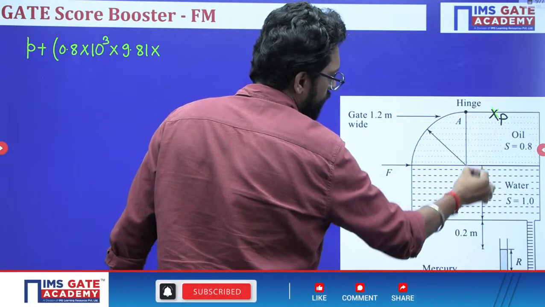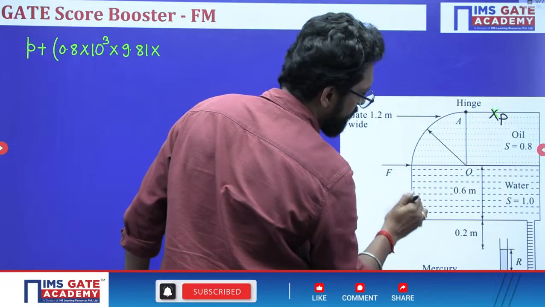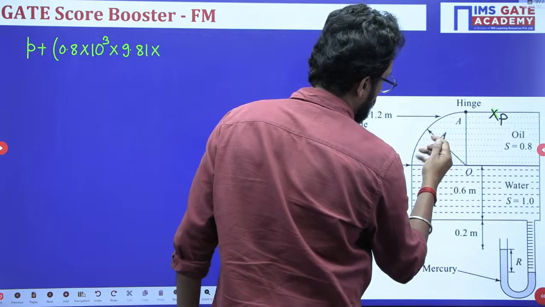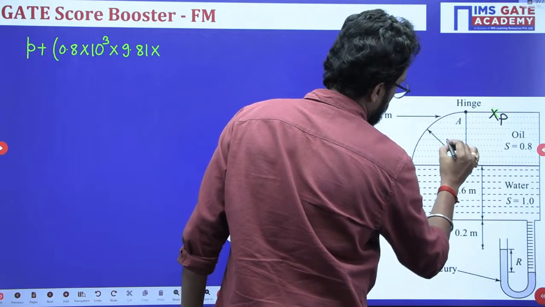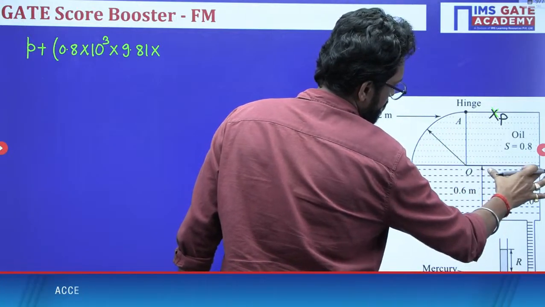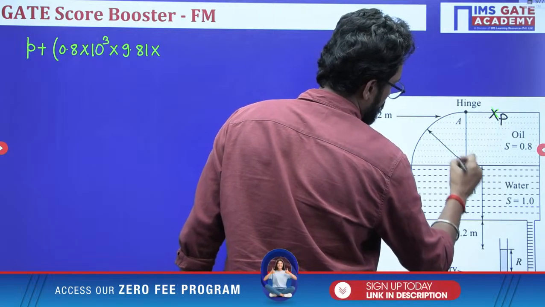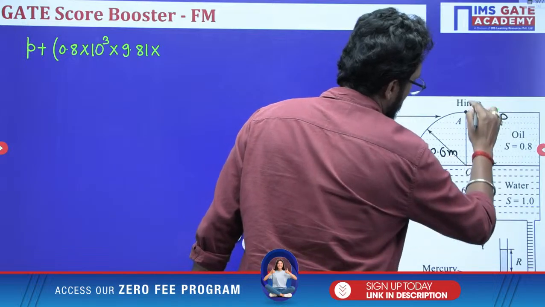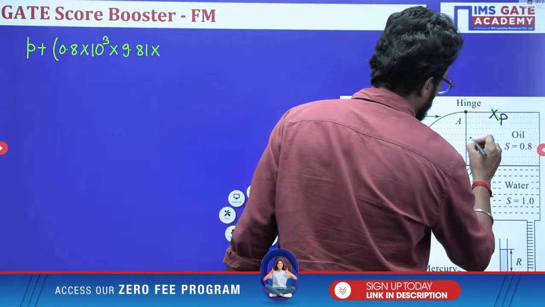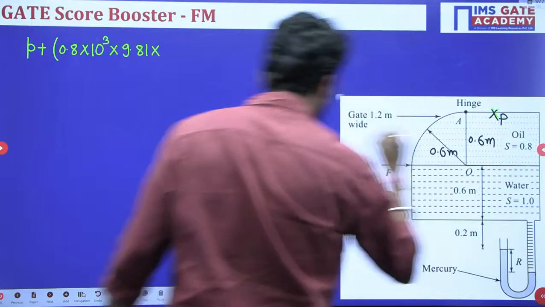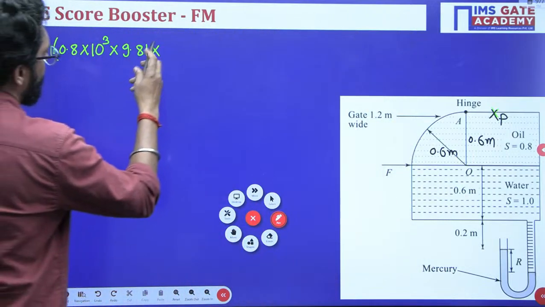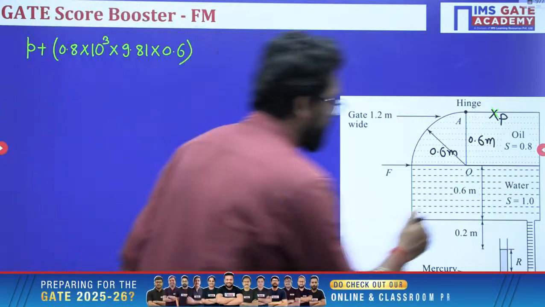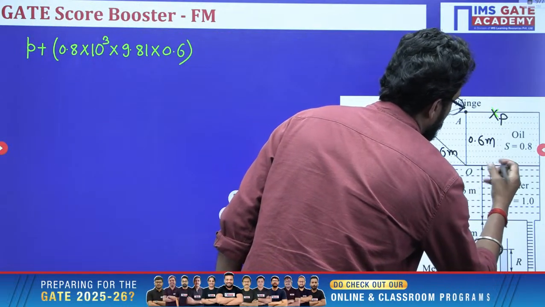This is 0.6 meter, it is given. So rho g h, where h is 0.6. You are at this position.